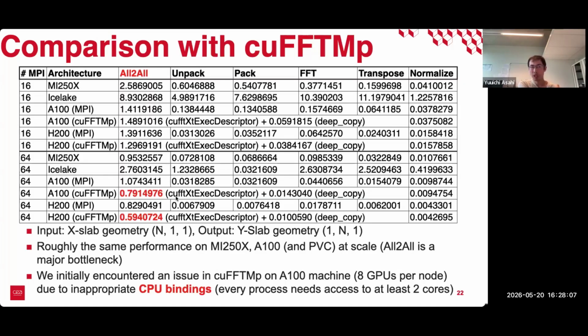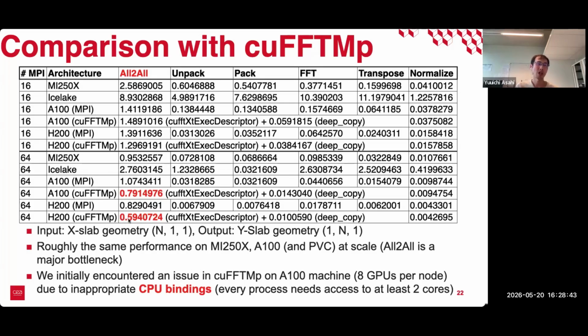We found that cuFFT relies on NVSHMEM, which gets acceleration particularly at scale. At first, we encountered a performance issue with cuFFT on the A100 machine because we had set the CPU binding incorrectly. You need to set CPU binding appropriately to make NVSHMEM work correctly, which means each process needs to access at least 2 CPU cores, an important feature for cuFFT in my experience.